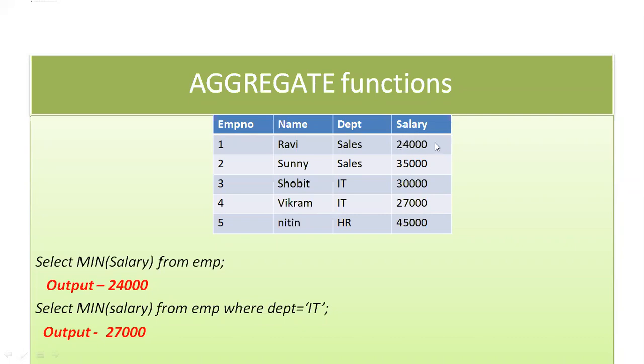So it will display the smallest value from a given query. And see another condition with the where clause. SELECT MIN salary from EMP where DPT equals IT. Only from IT, which is the smallest, that is 27,000. So it will display the matching smallest value from a table.